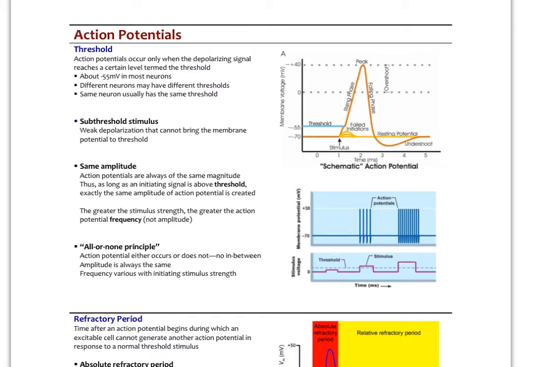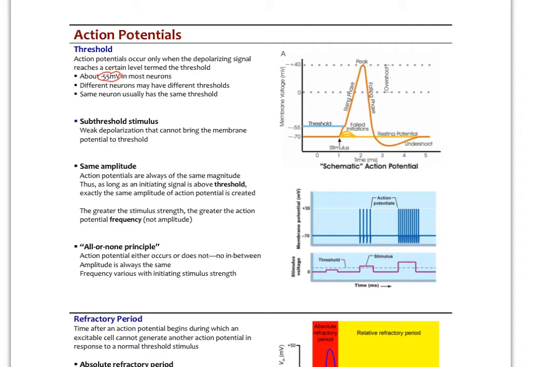So I mentioned a really important event to stimulate an action potential occurs at the axon hillock, and that is whether or not so-called threshold is reached. And threshold is about minus 55 millivolts in most neurons. Remember, resting is around minus 70, so minus 55 is a little bit more positive.